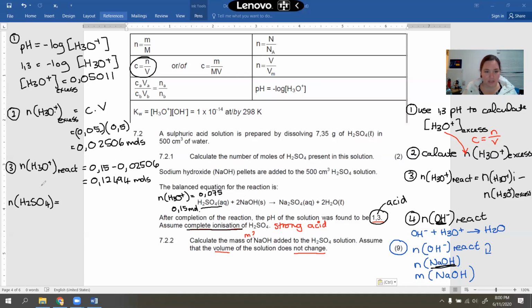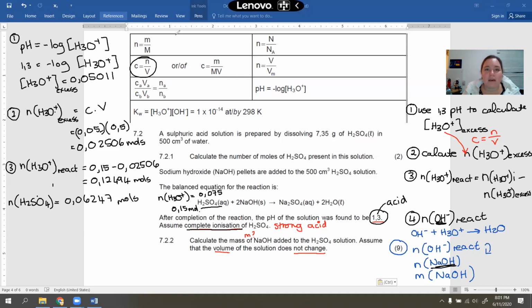So I think I'm going to do that just to make it easy. But remember, each sulfuric acid produces 2 H3O pluses. So I must divide this number by 2 to work out that this concentration is 0.06247 moles. Does everybody understand that? That's just the mole ratio that each of these dissociates to give me 2 hydroniums.